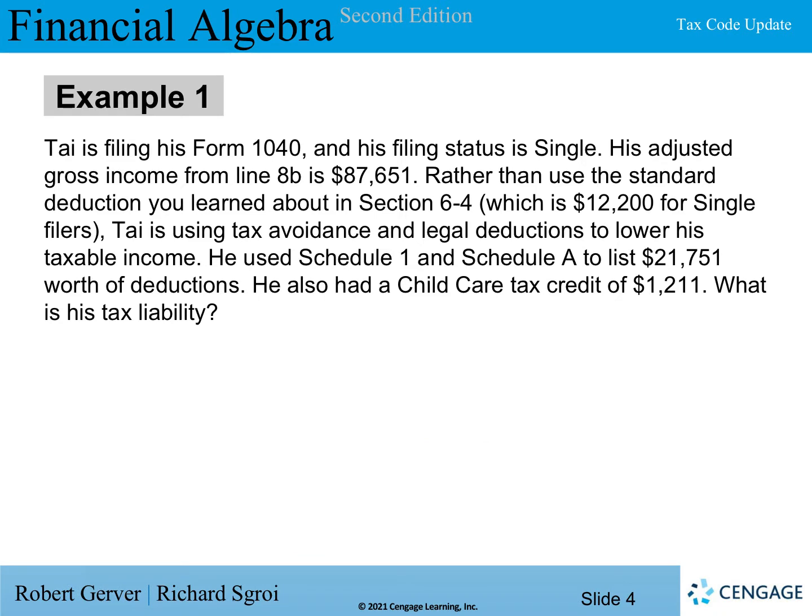So let's look at some examples. Ty is filing his Form 1040 and his filing status is single. His adjusted gross income from line 8B is $87,651.